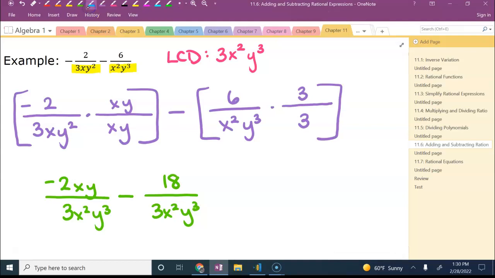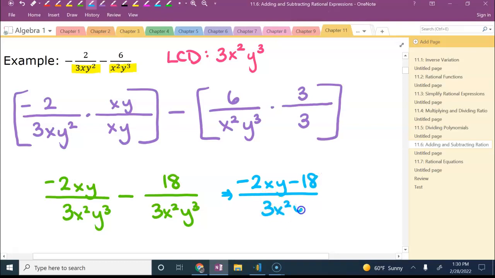So to simplify this, on the top it's going to be negative 2xy minus 18 all over 3x squared y to the third. And again, I would look to see if there is anything that you could take out of the top. Well, you can maybe take out this negative 2.